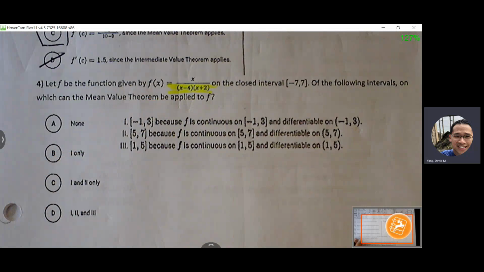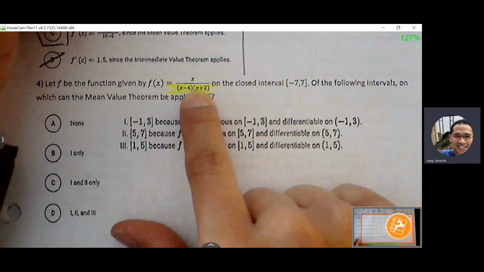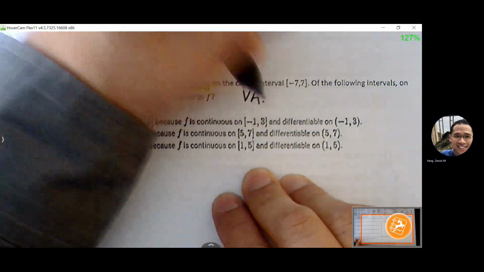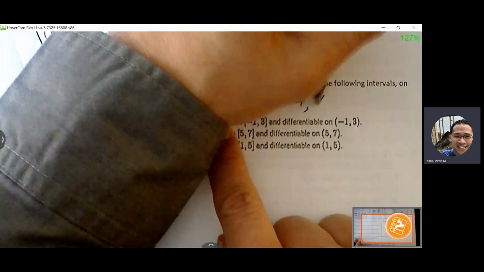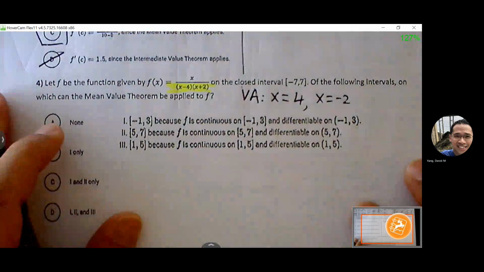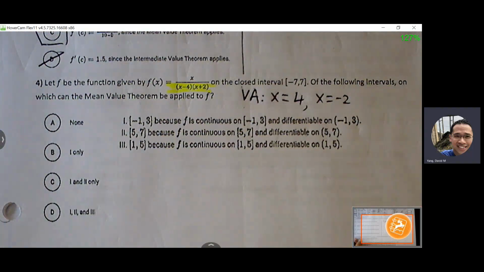There's a few cases that it's not, but in most of our problems, if you can make it past that first condition, chances are it'll pass that second condition. But there are vertical asymptotes at 4 and -2. So if you were trying to span an interval that goes across the vertical asymptote, we know that can't happen. But mean value theorem can exist in all the other intervals because every place else is continuous.